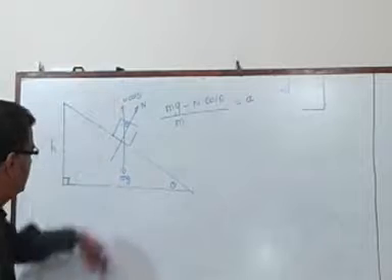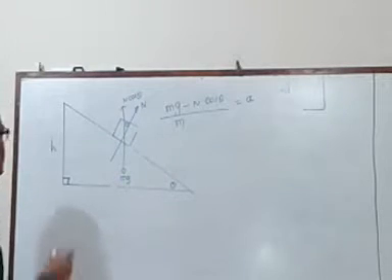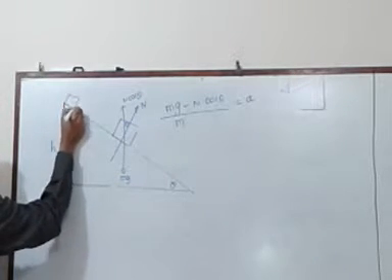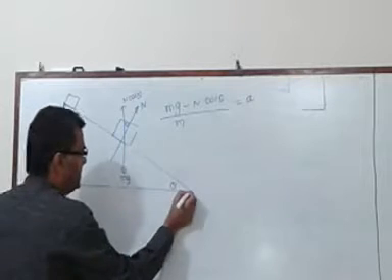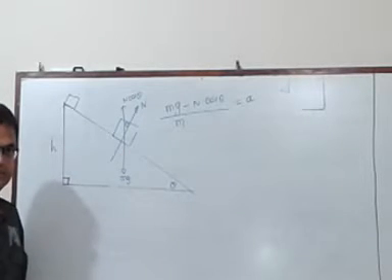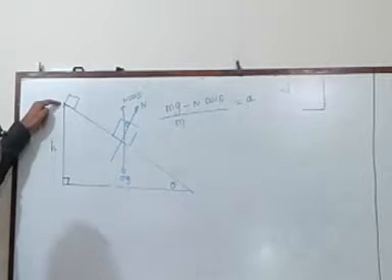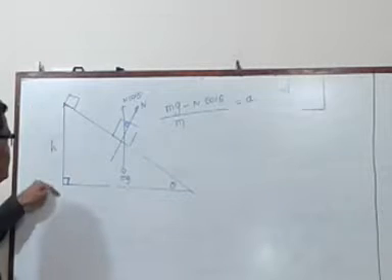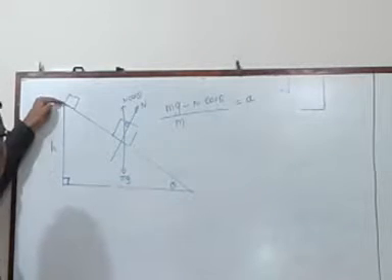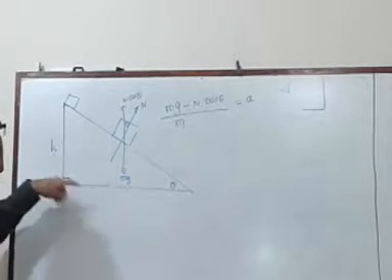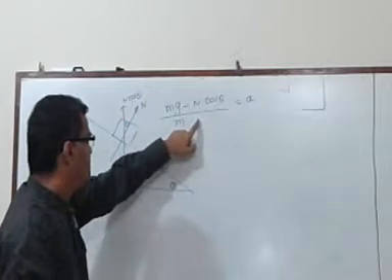This is a vertically downward acceleration. Now please note, as the block moves from this particular point to this particular point, how much is the vertical distance covered? The vertical distance covered is h. So the vertical distance in the downward direction is h.